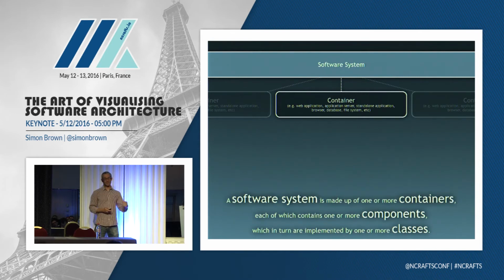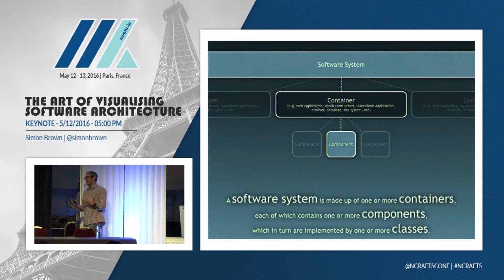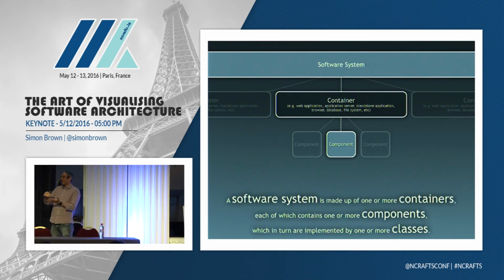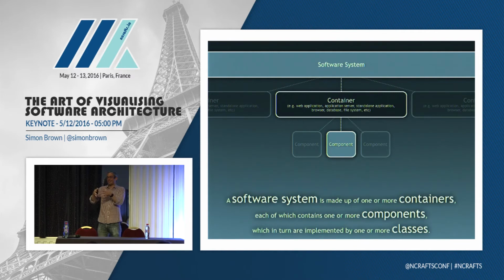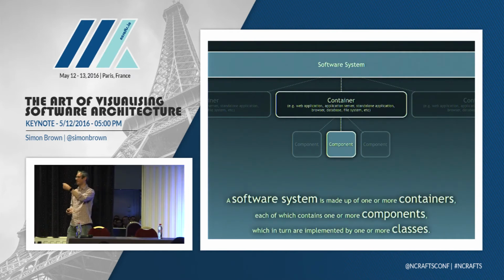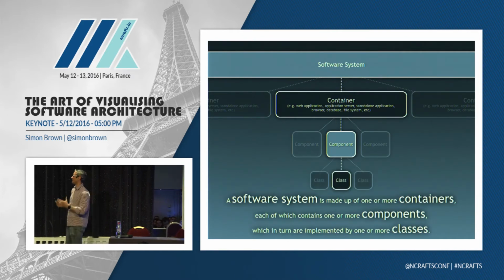If we zoom into those containers, for me, they're just made up of components. So I want to consciously use the word component to mean something running inside a process, essentially. It's just a bunch of related functionality with a nice clean interface on top. And because I deal mostly with Java and C#, if you look inside my components, they're just made up of classes. That's it.